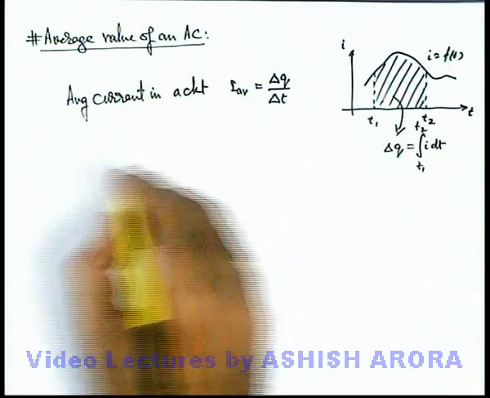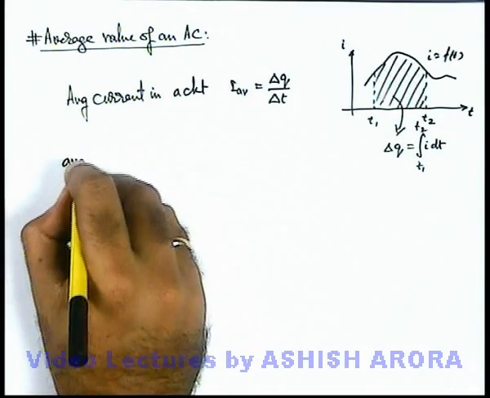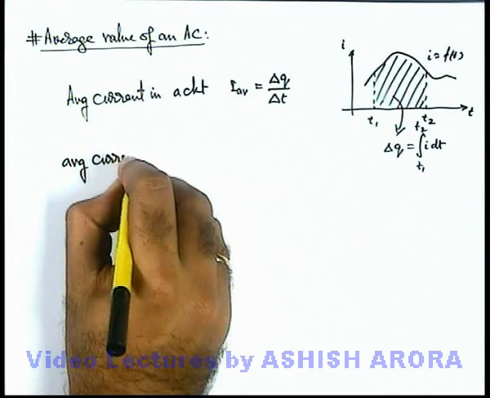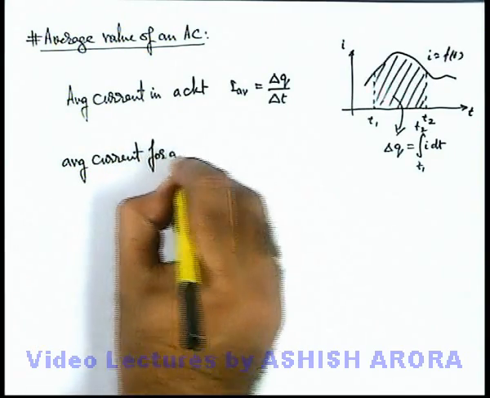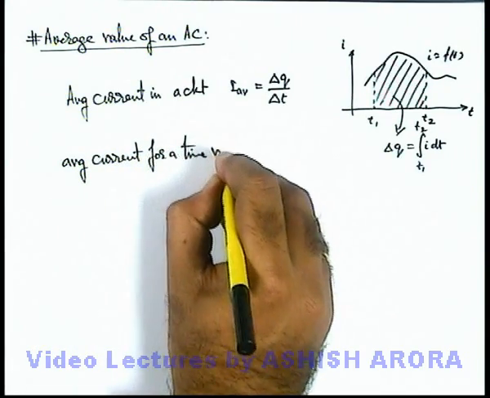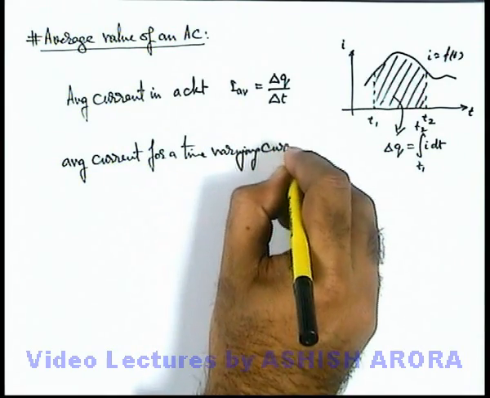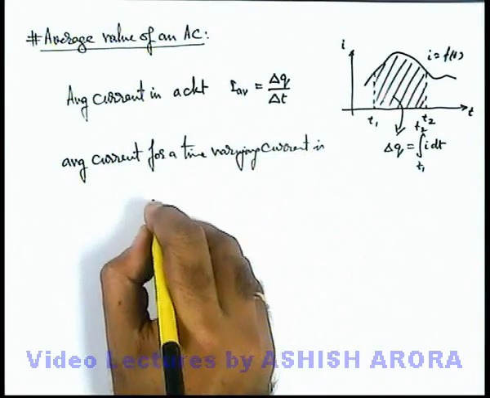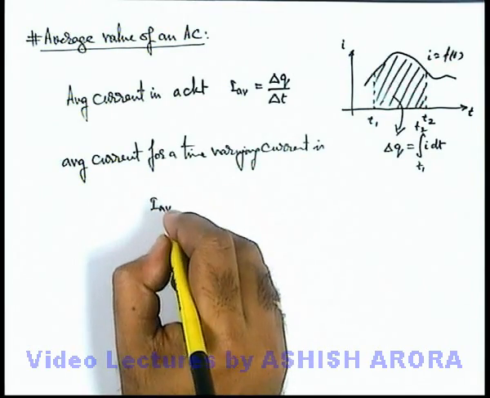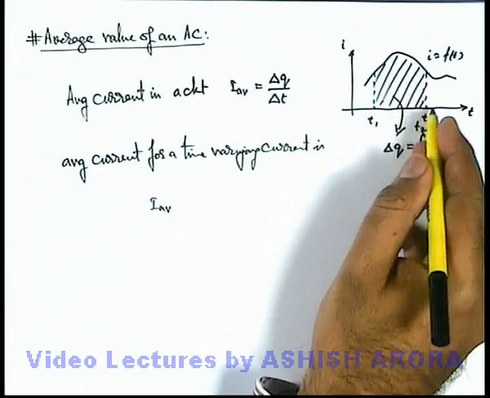And the average current for a time varying current we can now write as I average. Here we are calculating the average from time t1 to t2.